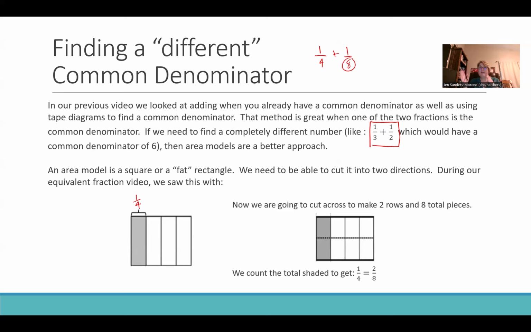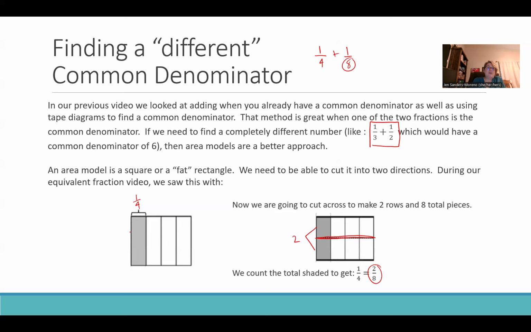How an area model works is that we're now going to slice it in the opposite direction. So I can cut it into 2 rows, 3 rows, 4 rows, you name it. Over here, if I cut it into 2 rows, you're going to see that this original is 2 out of a total of 8.